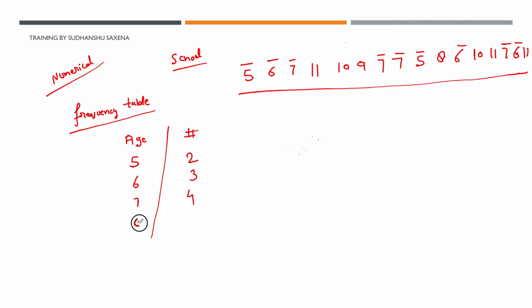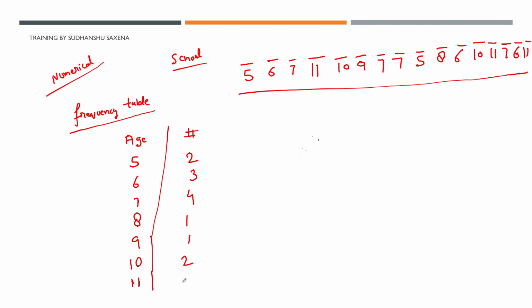Then we have 8. How many kids have got the age of 8? So I'll say 1. And then we have 9. How many kids have got age 9? So this is only 1. And then I would say 10 over here, so we have got 1 over here and 1 over here, and I would say 2 kids. And then how many kids have got the age of 11? So this is 1, 2 and 3.